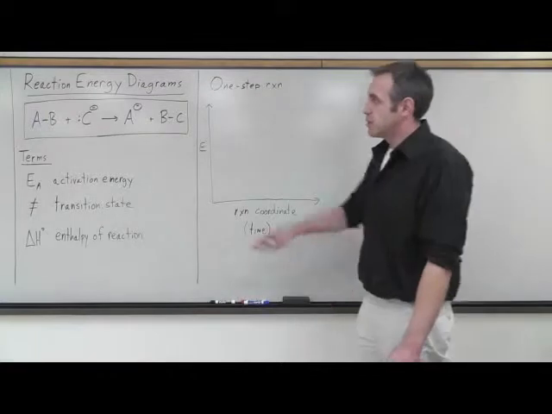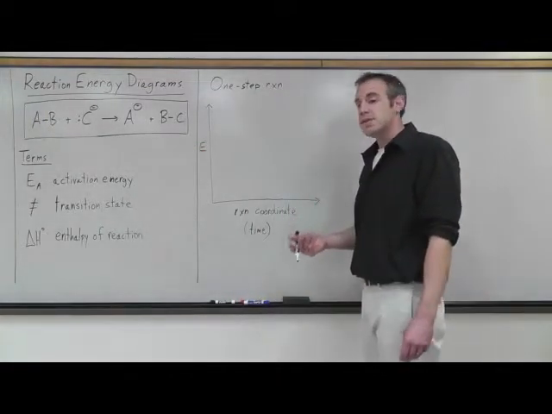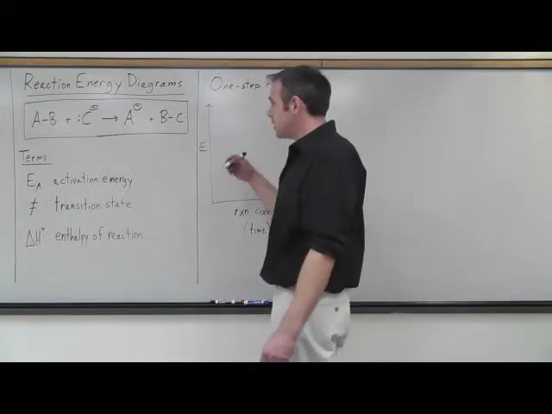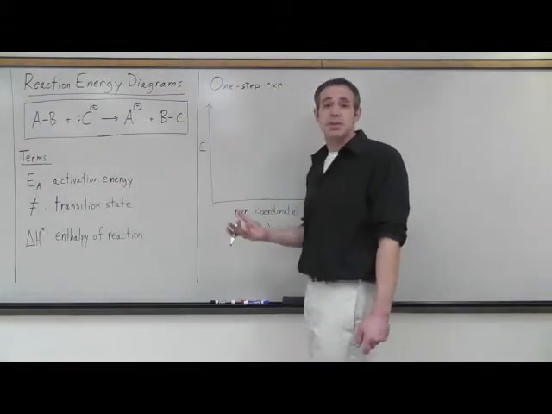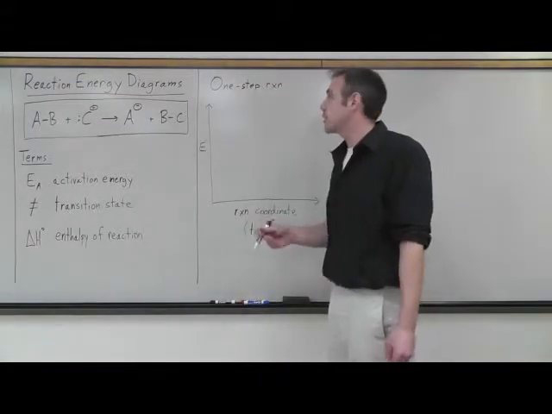If this reaction were to occur in one step, we can draw an energy profile that is fairly simple. These reactions potentially can be exothermic or endothermic, but we'll just be showing exothermic reactions.